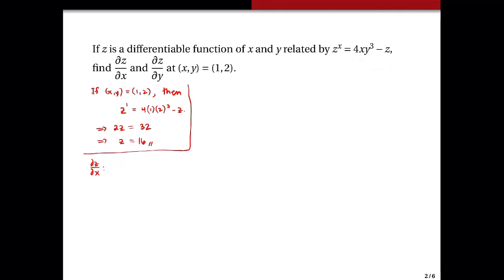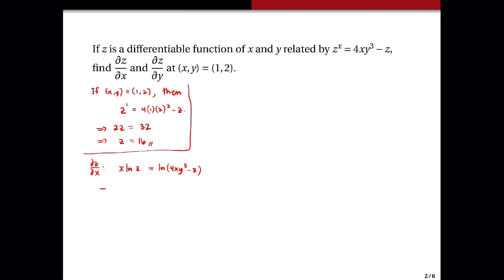So what we're going to do for this part, we write the equation as x ln of z equals ln of 4xy cubed minus z. In this form, this is just function times function, or variable times variable. So if we find the partial derivative of z with respect to x implicitly, the solution will be easier. We'll just have to apply the product rule and derivatives of ln.